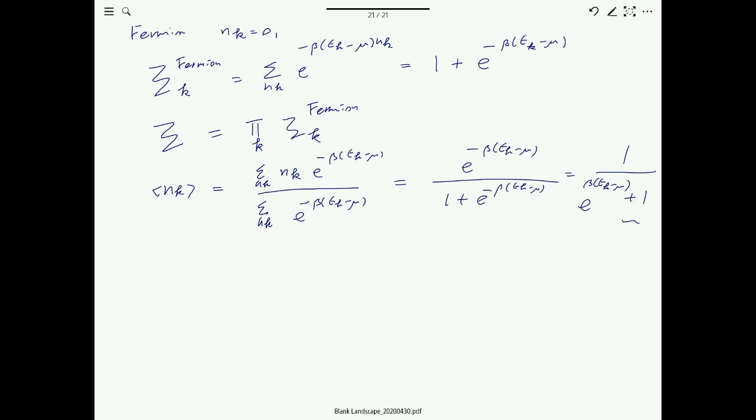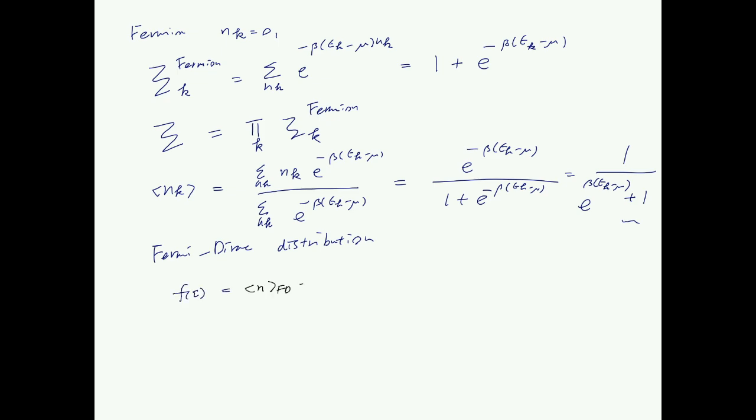So this is the so-called Fermi-Dirac distribution, sometimes called the Fermi function. You should have a rough idea how this function looks.